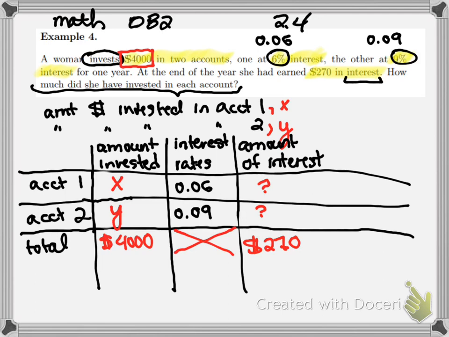So we have to do a little bit of math, and that is that if I take the amount of money invested, here it's X, and I multiply that by the interest rate, 0.06 times X is going to help me figure out the amount of interest that was in the account. If you don't believe me, just think of a really simple example. Let's say I invested $100 and somehow I got really lucky and I had a 10% interest rate.